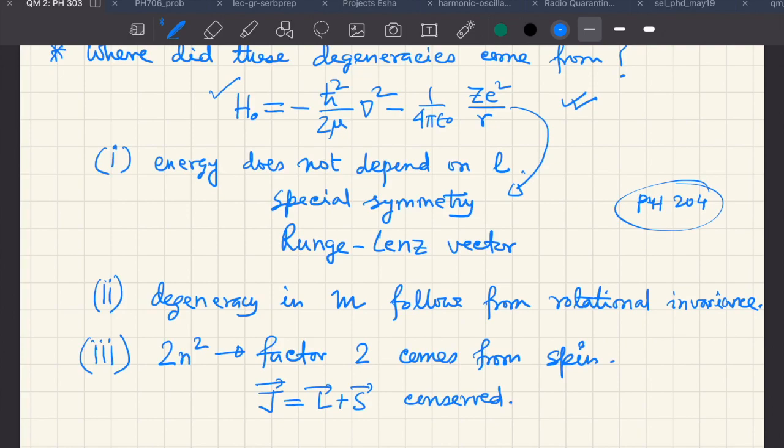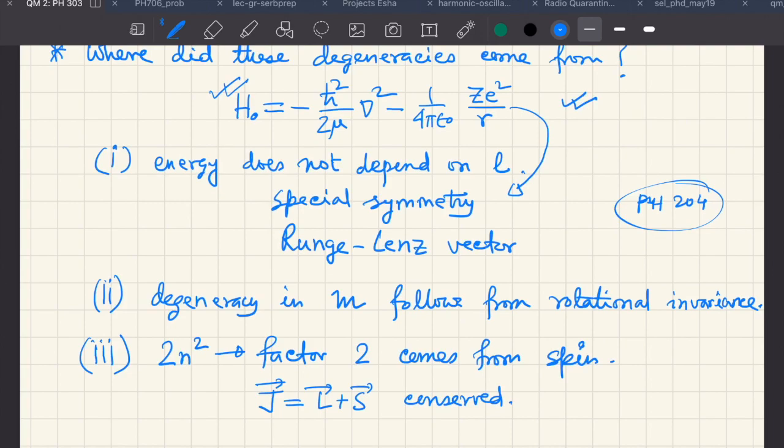So we will have to supplement this unperturbed Hamiltonian H naught, which we have written here for the hydrogen atom, with extra terms that correspond to corrections that arise from relativity and from the spin of the electron.